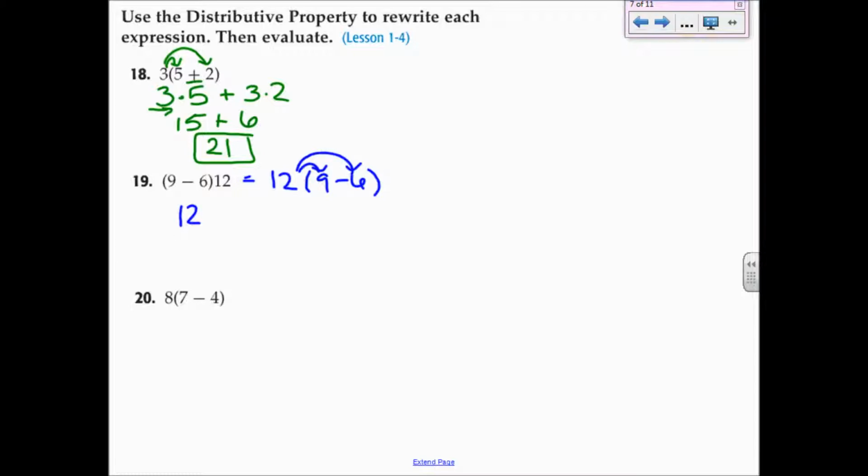So you'd have 12 times 9 minus 12 times 6. And 12 times 9 is the same thing as 12 times 10 minus 1, in case you don't know that offhand. So we're going to use the distributive property again. 12 times 6, I know offhand, is 72.